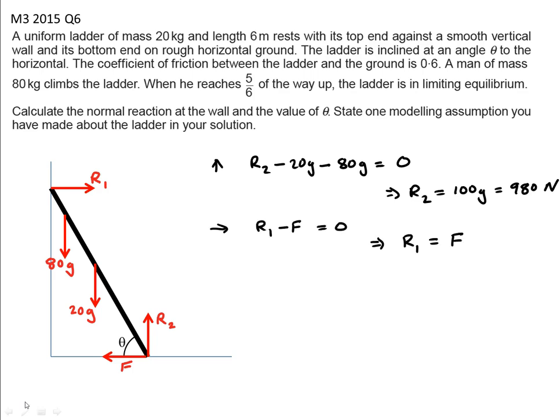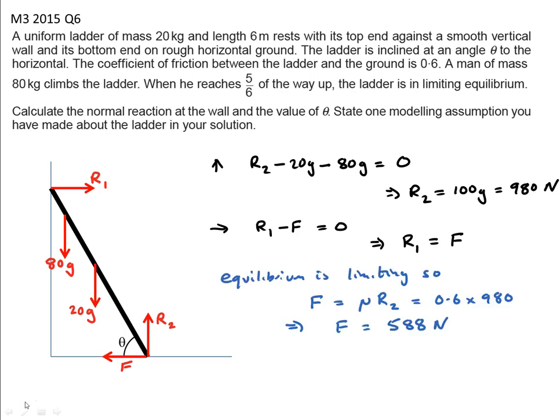If we resolve horizontally, we have R1 minus F must equal 0. So R1 must equal F. But we know that the equilibrium is limiting, so F must equal mu times R2, which is 0.6 times 980, or 588 newtons. So we've got R1 is 588 newtons.